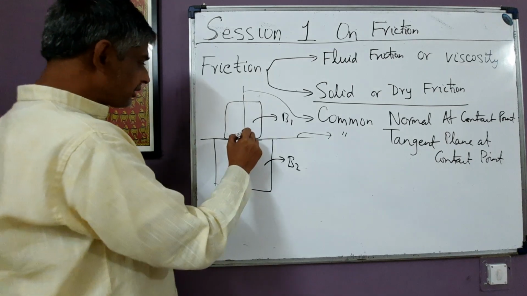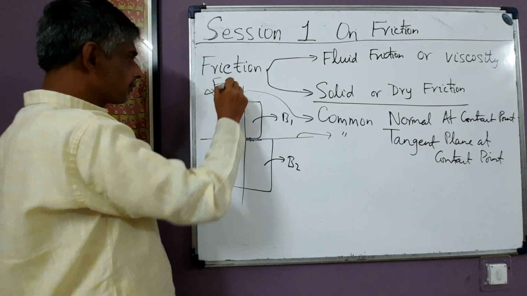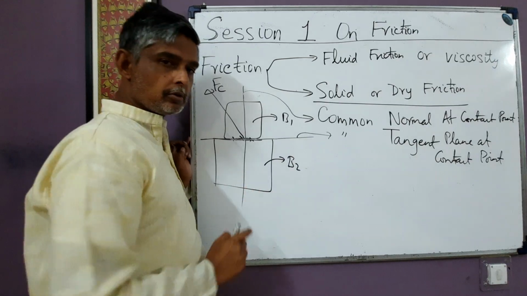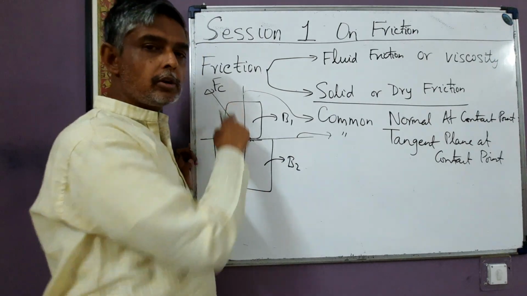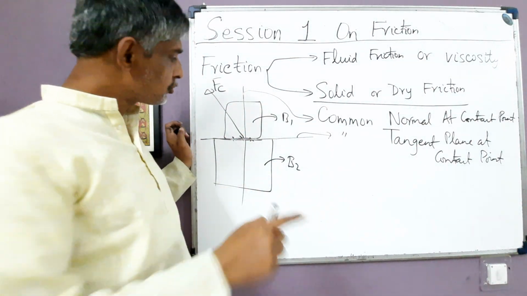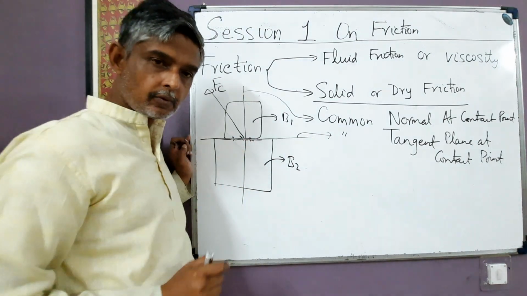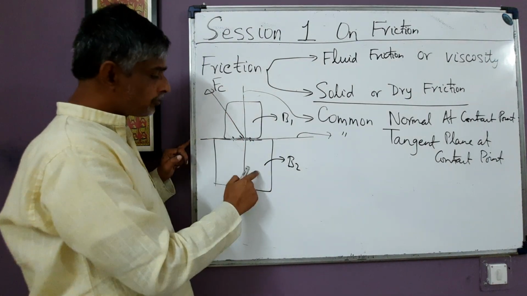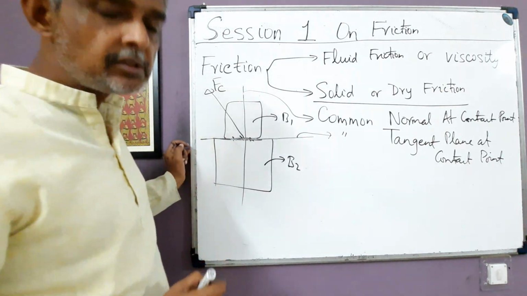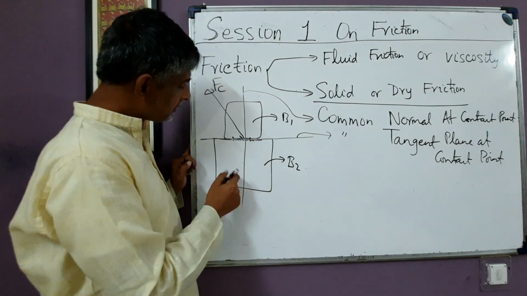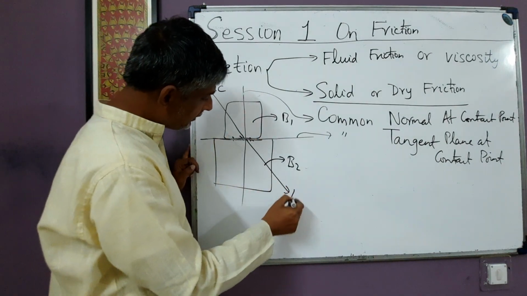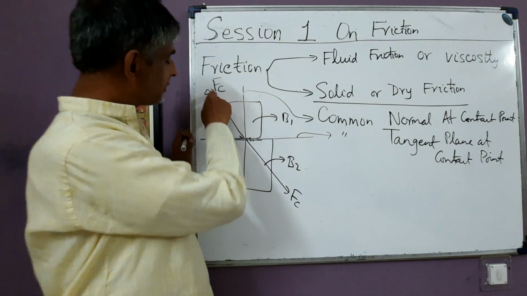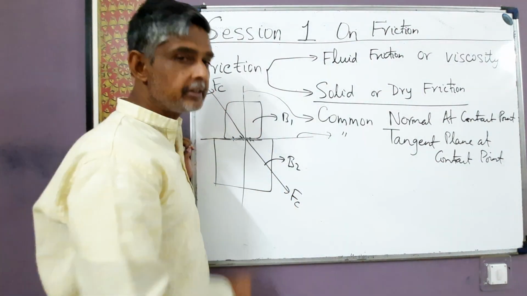So Fc is the contact force on body B1 due to body B2. By Newton's third law, body B1 exerts an equal and opposite contact force Fc on body B2. These are the pair of contact forces between the two solid bodies in contact.